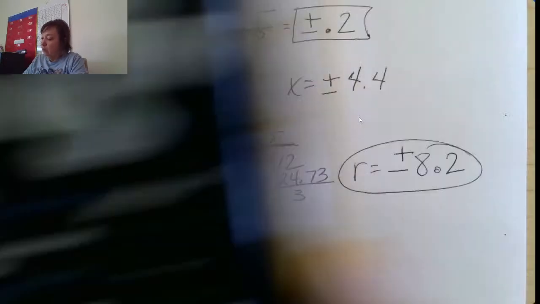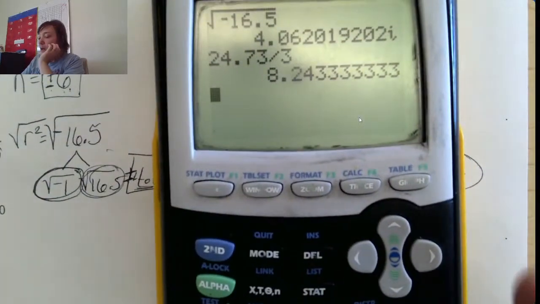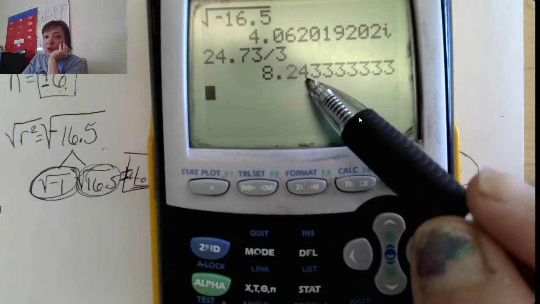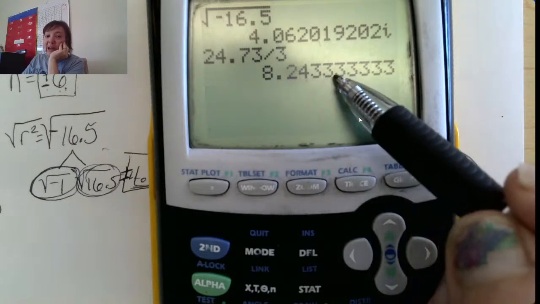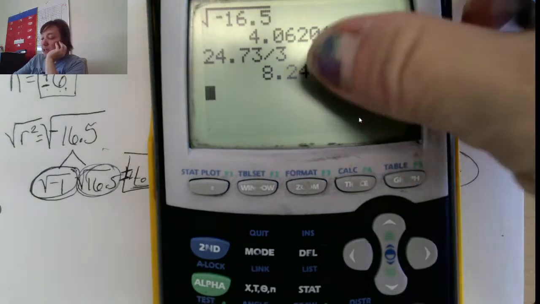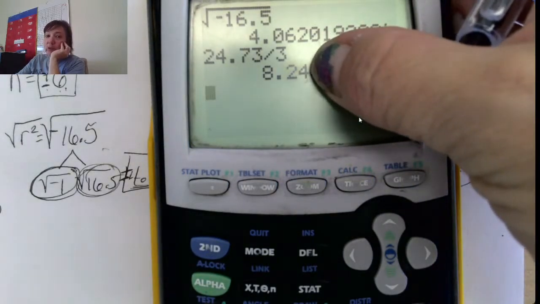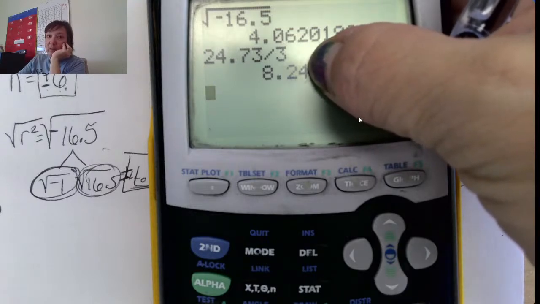So like, what were we doing here? 24.73 divided by 3. So this 4 right here tells me what to do with this digit. Whatever is behind the 4 doesn't make any difference. Because basically what you're saying is, am I closer to 0.30 or am I closer to 0.20? So what's behind this doesn't matter.